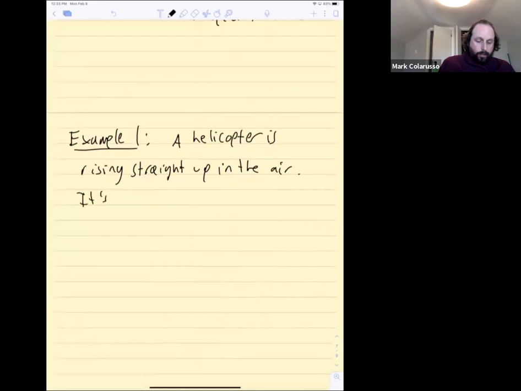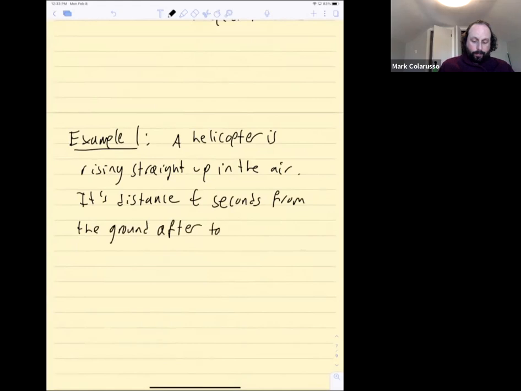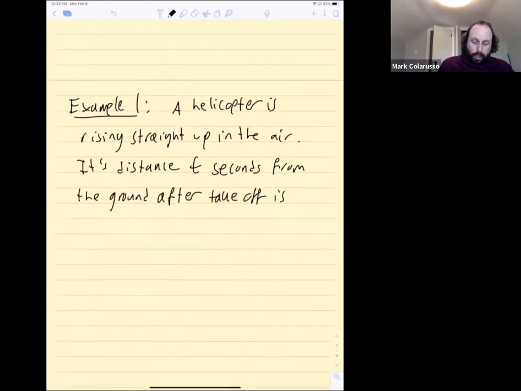Its distance t seconds from the ground after takeoff is given by S of t equals t squared plus t.